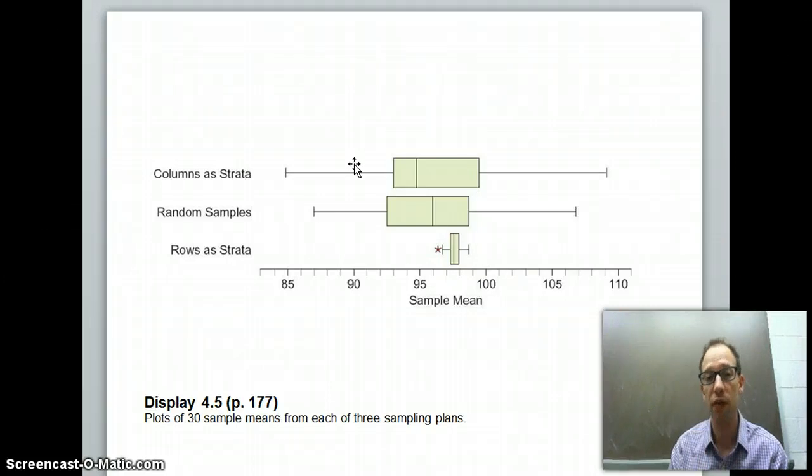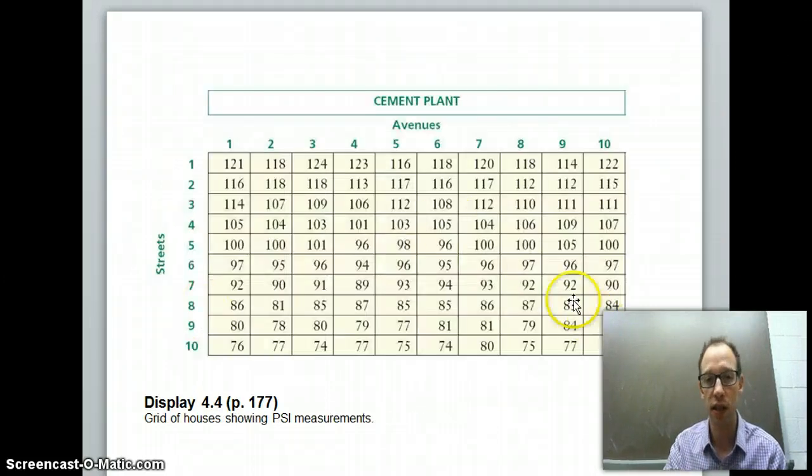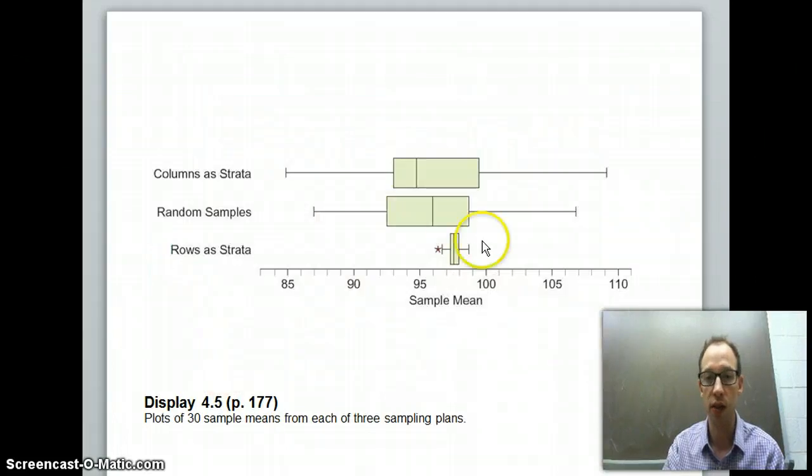But if you do have good justification, like in this chart, we could see that the further away we are from the cement plant, the lower we should get of that pollutant. So it makes sense to take 1 per street. And so in that case, it did help us out by reducing that variability. So again, variability tends to be a bad thing here.